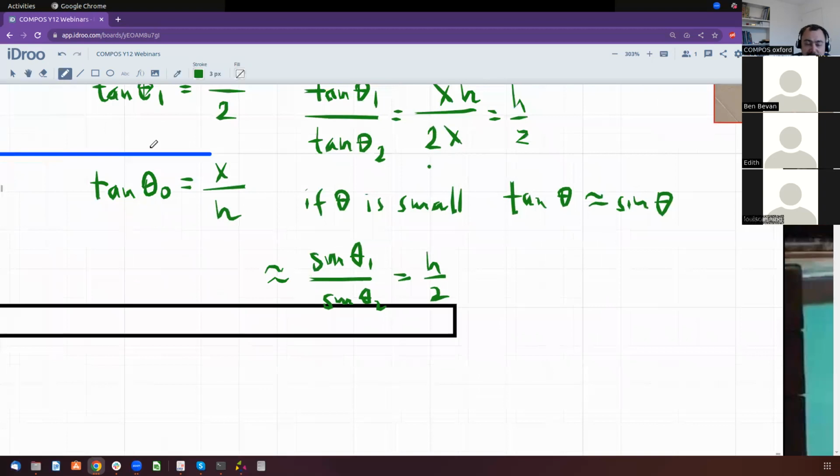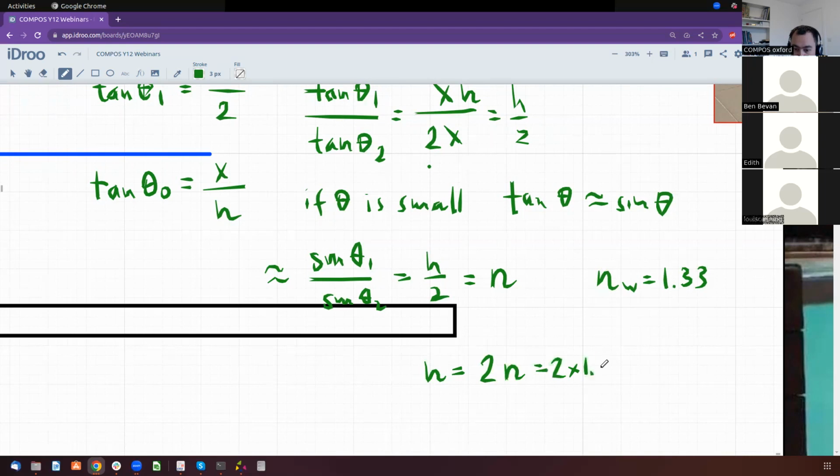And sine theta 1 over sine theta 2, we already know, is the refractive index of water. The refractive index of water is about 1.33. So h, the actual depth, is 2 times n, which is 2 times 1.33, which is 2.66 meters.